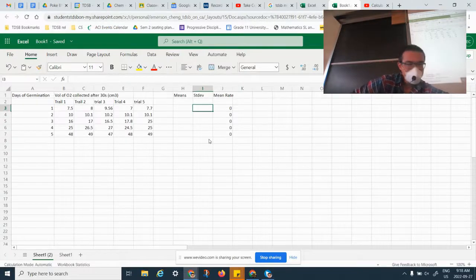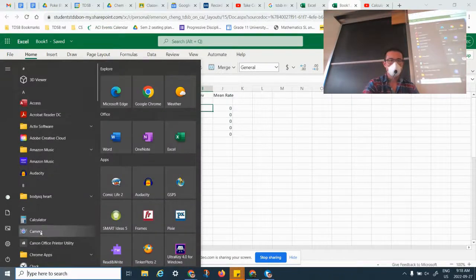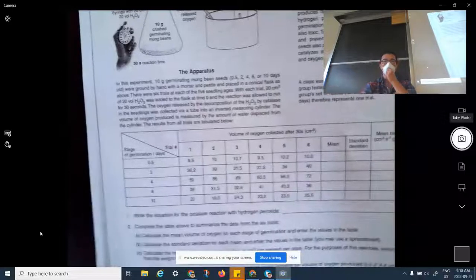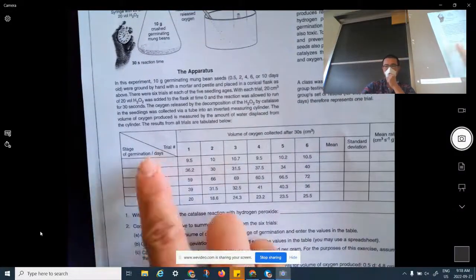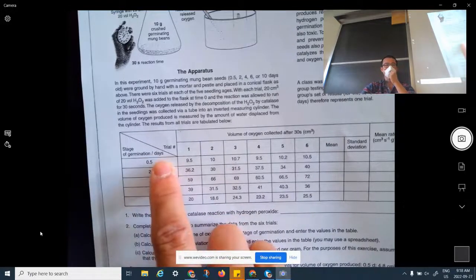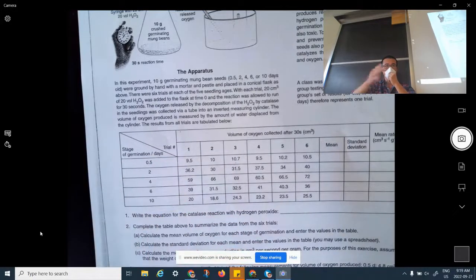If you look at your handout, you have a data table given to you. This column is the stage of germination: how long have those seeds been germinating?